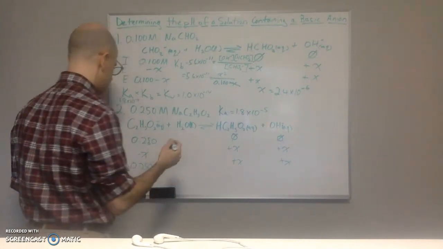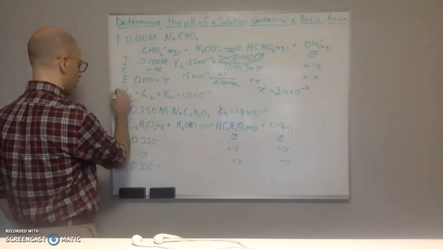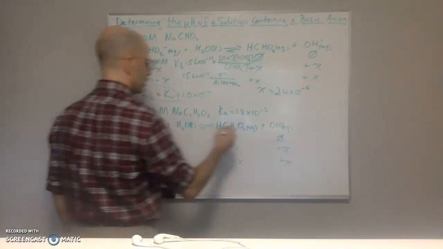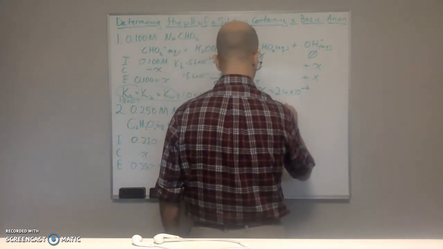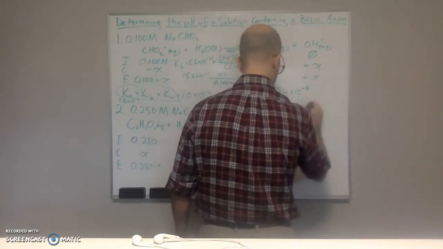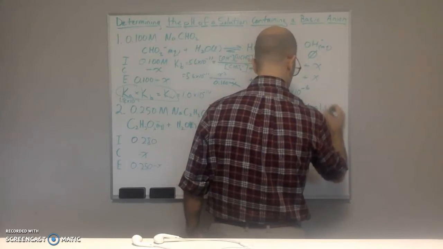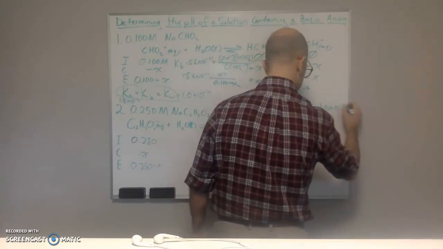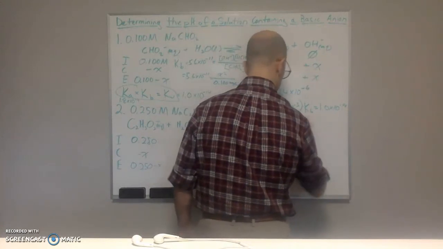Okay, so here we're going to use this equation here again. So that means that 1.8 times 10 to the negative 5 multiplied by Kb is going to be equal to 1.0 times 10 to the negative 14. And then we just solve for Kb.